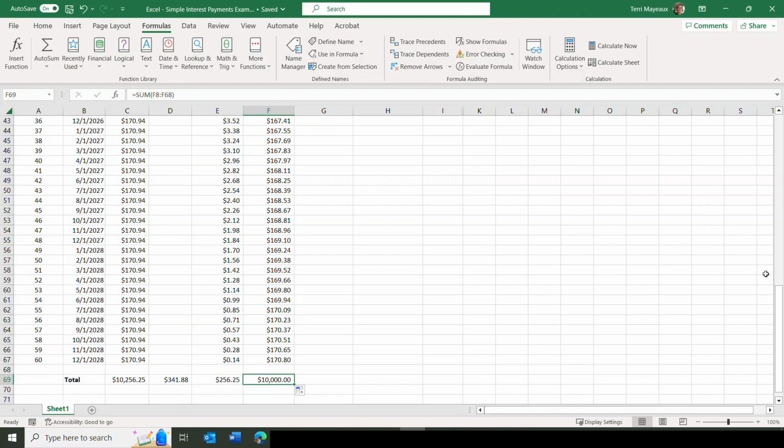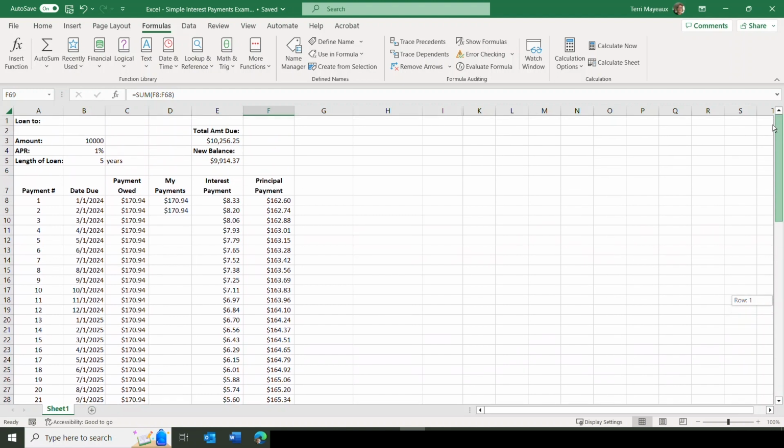Now let's go back up to the top, because this may be all that you are interested in and you're very comfortable with what we have done so far, but you might also be a little leery. Does the interest payment and the principal payment, do those really add up to $170.94? Well, we can check that as well, and we're just going to call this I plus PP for principal payment.